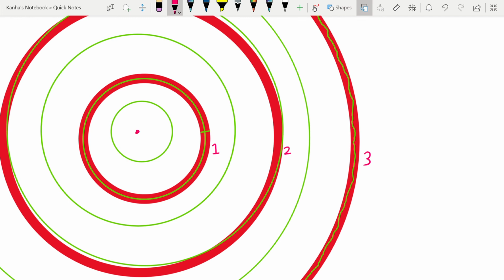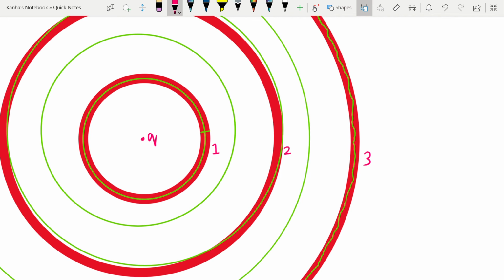If I place a charge somewhere inside the cavity and draw a Gaussian surface, this one, the electrical field is given by the flux, which is q by epsilon naught, where this is the charge q. So there will be a finite electrical field in this region. Let this charge be q at the center.